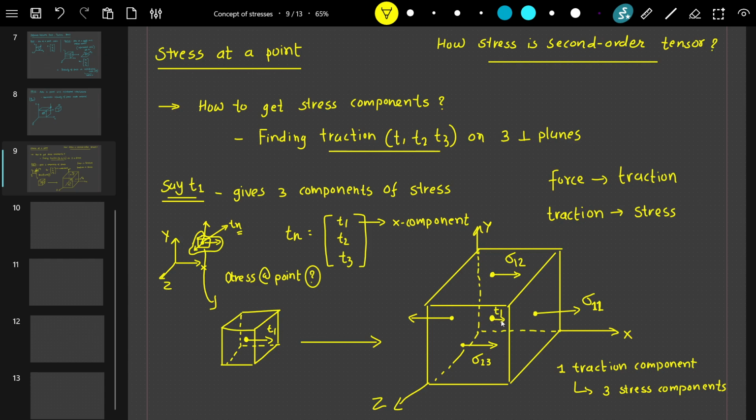So sigma 1 1 on this face and sigma 1 1 on this face, for equilibrium. Similarly sigma 1 2 on this plane, in this direction. The infinitesimal volume should be in equilibrium, so sigma 1 1 on this side and the opposite side in the opposite direction. But we get three stress components. One traction component gives us three stress components.